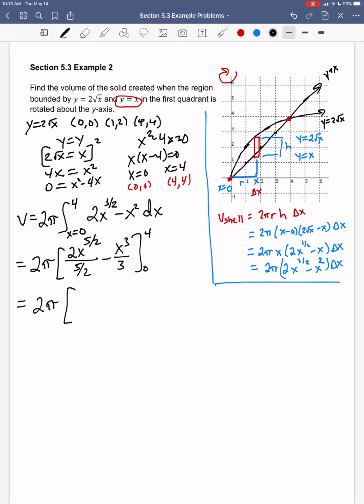Now, when I divide by 5/2, that's really multiplying by the reciprocal, 2/5. I've already got a 2 in the top, so that's going to become a 4, x to the 5/2. And then my 5 would be in the bottom, right? Dividing by 5/2 is multiplying by 2/5.